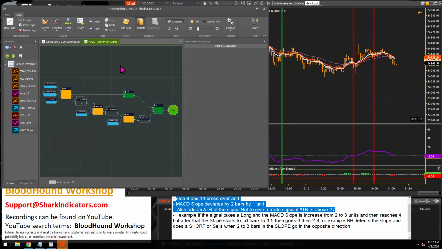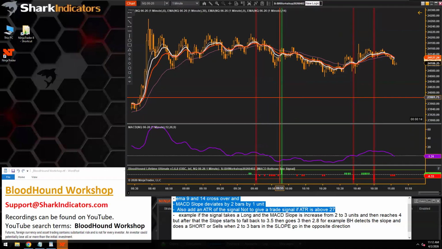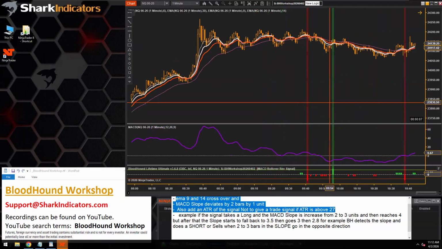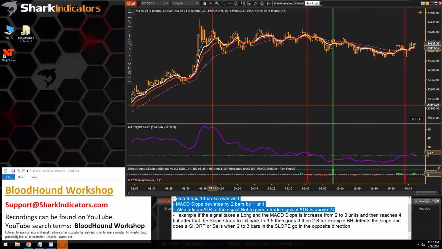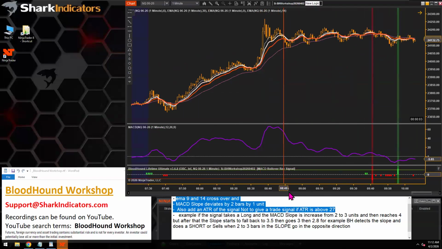Okay, Melroy's saying around 840. Yeah, there is a reversal signal there at 840. Oh, sorry, that's 940. Yeah, there's no buys. Simply put, there's no buys.